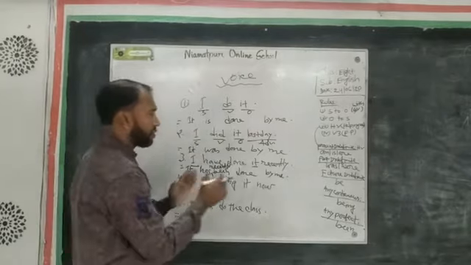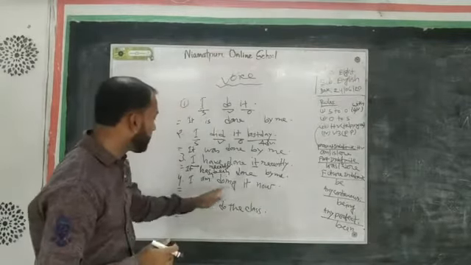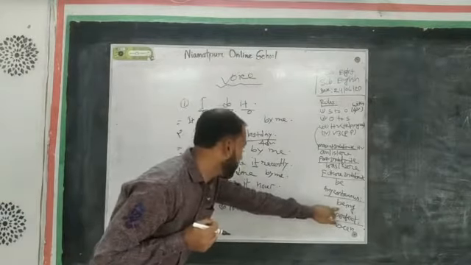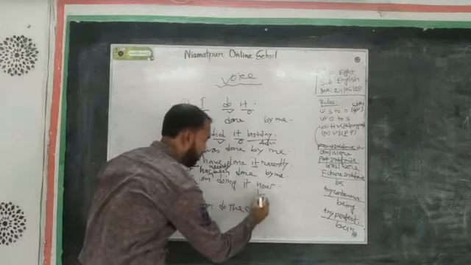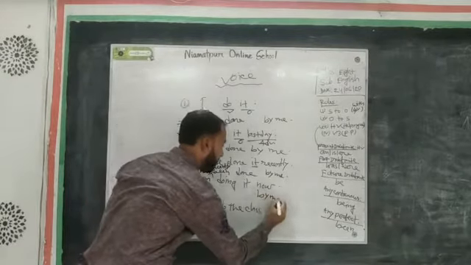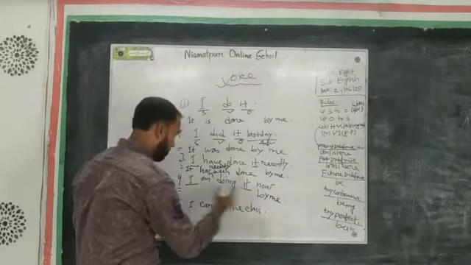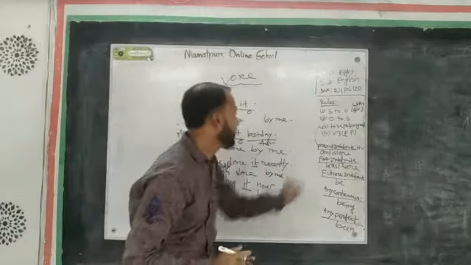Question number 4: I am doing it now. You should bear in mind that "ing" contains continuous tense, so "being" will be used here. Similarly, "by me" is the subject, and the object becomes the subject.